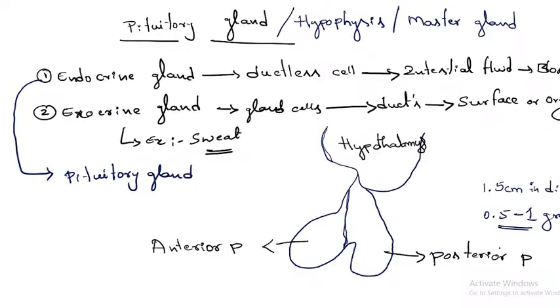In between these, there is a vascular zone called the pars intermedia.